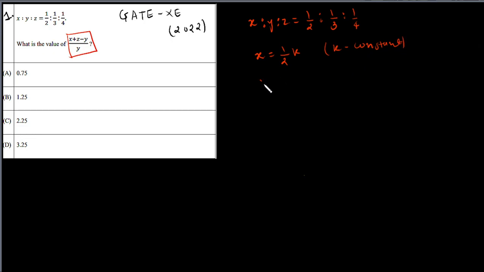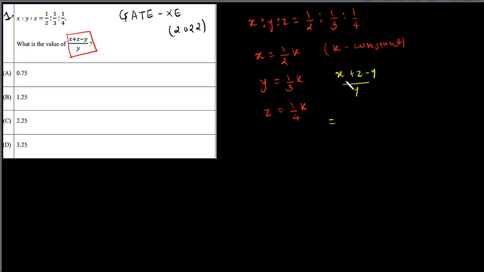In the same way, y is simply 1/3 times the same constant which I took for x, and z is 1/4 multiplied by the same constant. Now we have to find the value of this term: (x + z - y) divided by y.